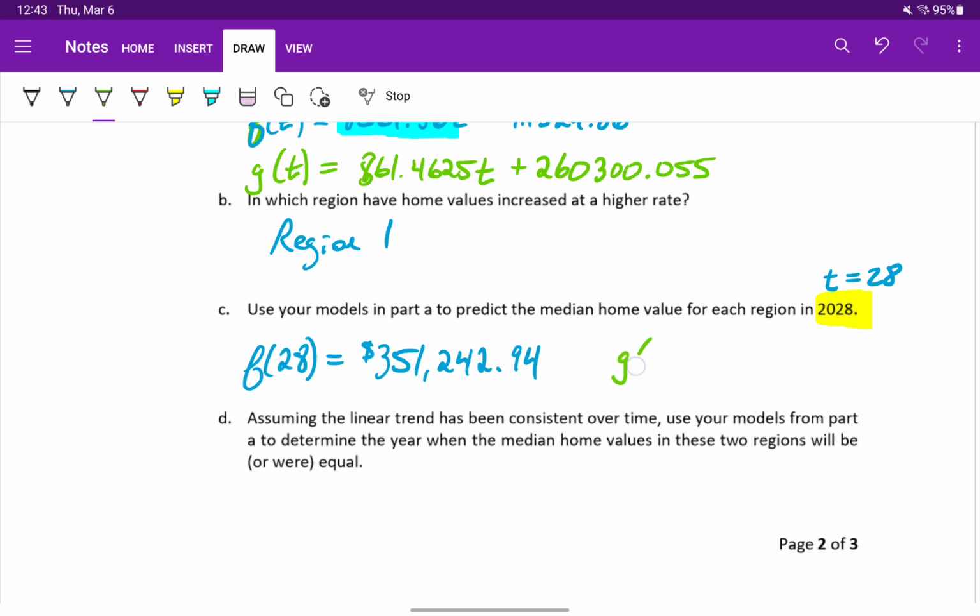Similarly, we should be able to find that g of 28 would be $284,421.01.